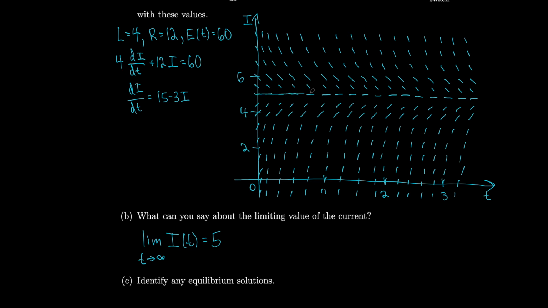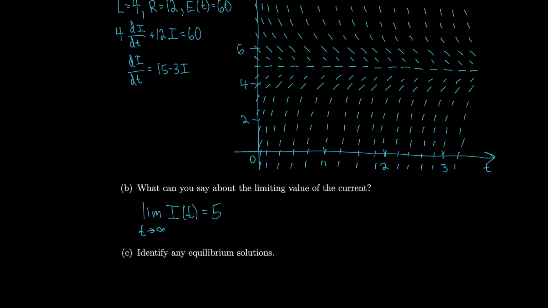The solution curve that goes over here cuts through every single zero-slope line segment, so that's an equilibrium solution. When i(t) is 5, di/dt equals 15 minus 3 times 5, which is 0. So that's an equilibrium solution.